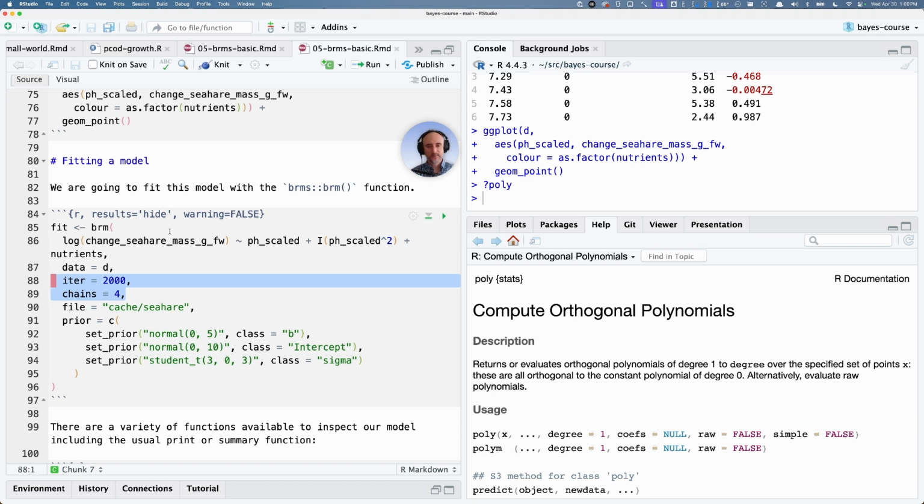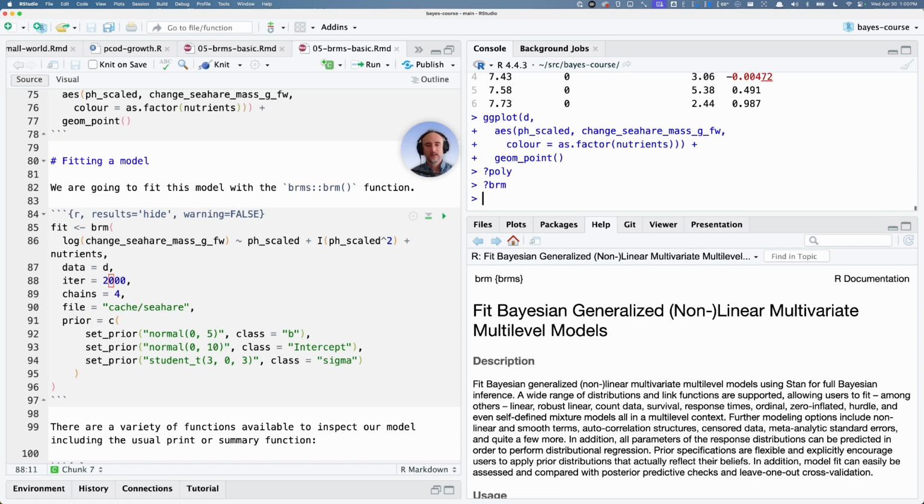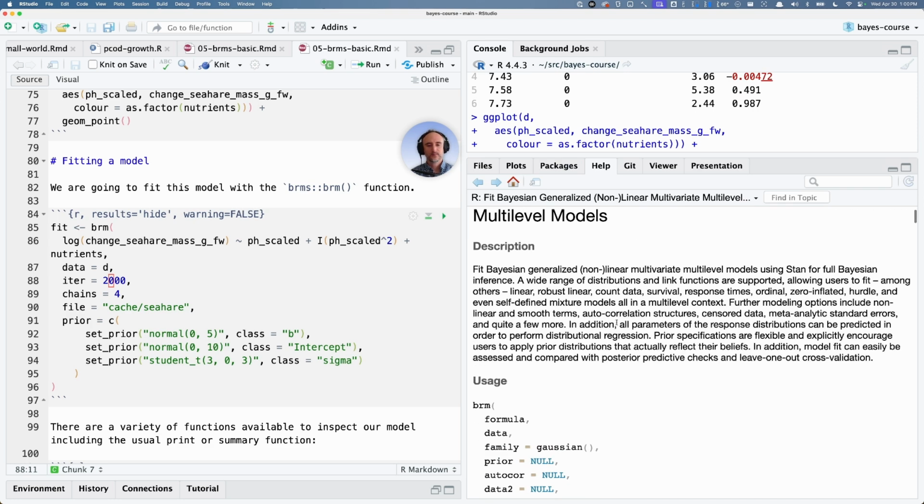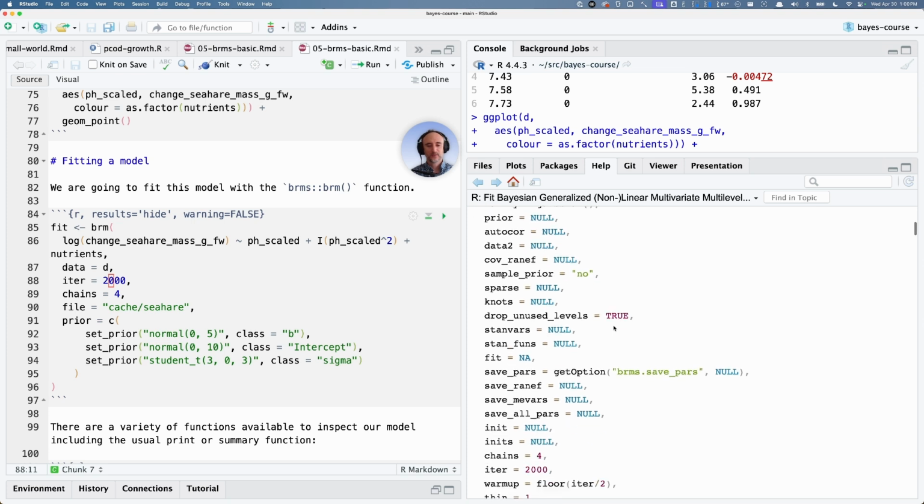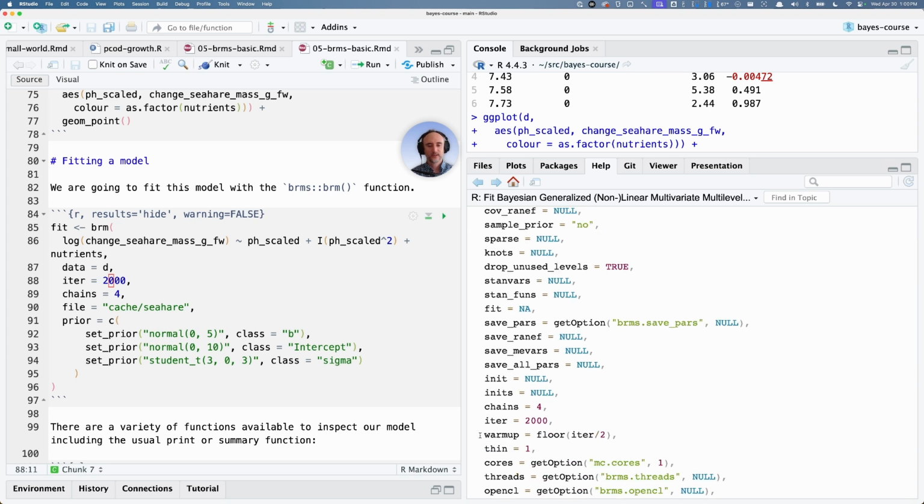Because we're now talking about MCMC sampling as opposed to what you might be used to with LM or GLM, we have to specify, or we can use the defaults, but the defaults and what we were specifying is to have 2,000 iterations across 4 chains. And if you look at the help for BRM, which is quite extensive, you will also see that the warm-up default argument is the floor, so rounding down, of iterations divided by 2.